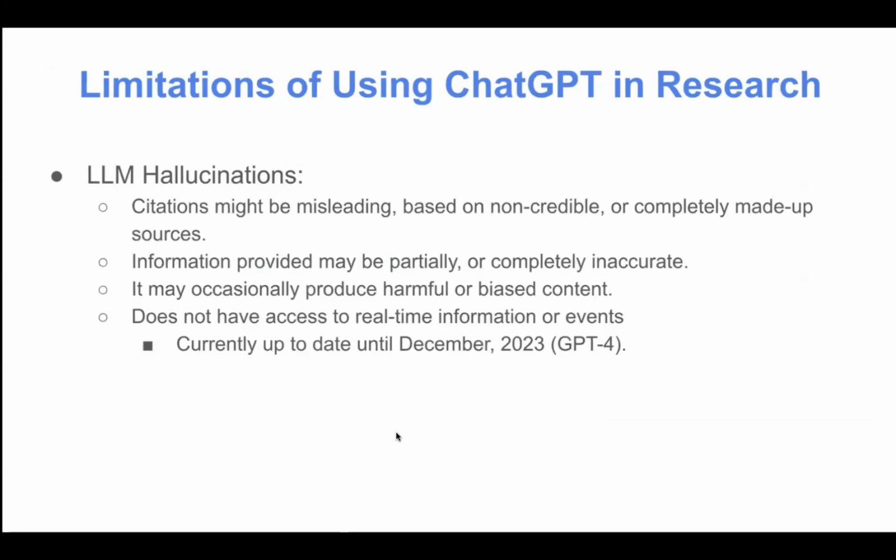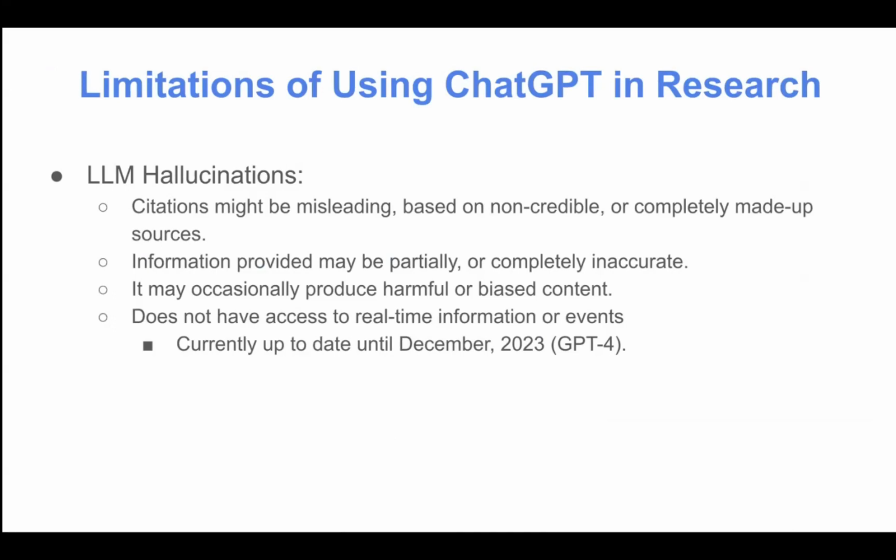So just to overview, hallucinations is something you've likely heard about in the media, but specifically in this context, citations are often going to be misleading, non-credible, or just completely made up. And the information that it provides may be partial or just inaccurate in general. And another thing to consider is that these are pre-trained, right?